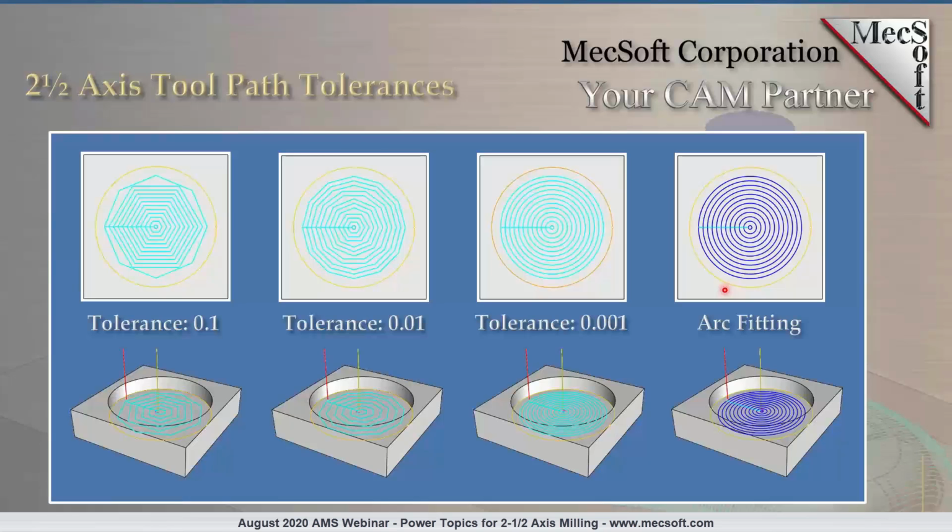Arcs are automatically fit to arcs and circles when you're working with arcs and circles in your geometries. By default, if you have output arcs as linear segments not checked, arcs are fit to the toolpaths. And we'll talk about how the arc fitting tolerance will affect polylines or polycurves or splines as I go through an example with you.